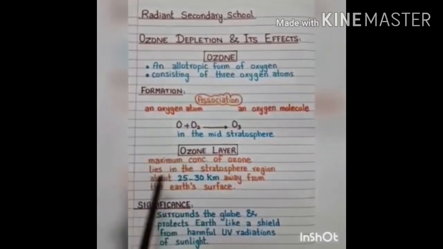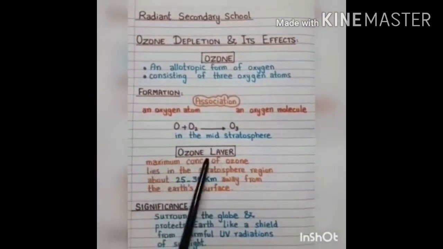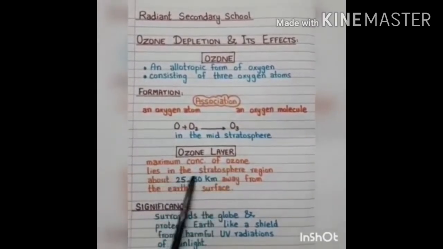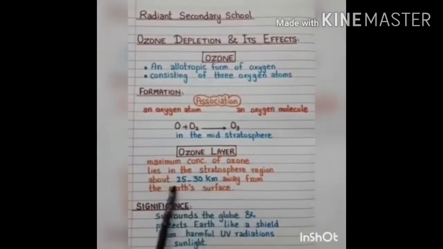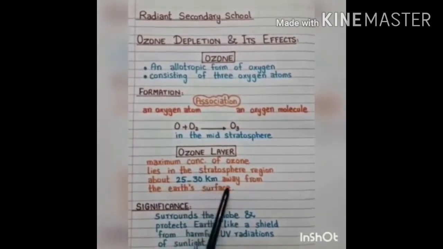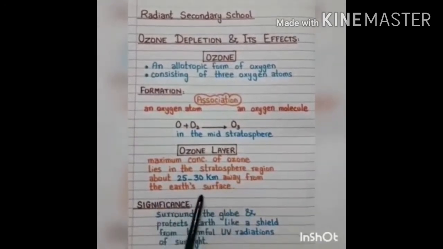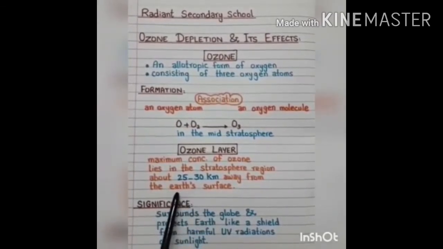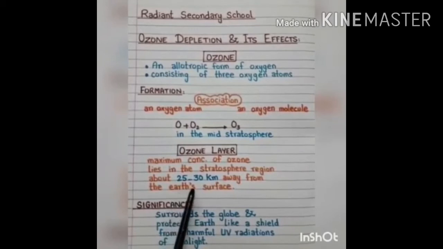Now, what is ozone layer? Ozone layer is the maximum concentration of ozone that lies in the stratosphere region about 25 to 30 kilometers away from the Earth's surface. So, the maximum concentration of ozone is known as ozone layer.